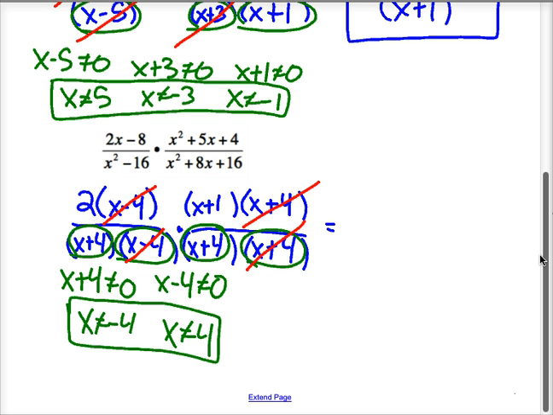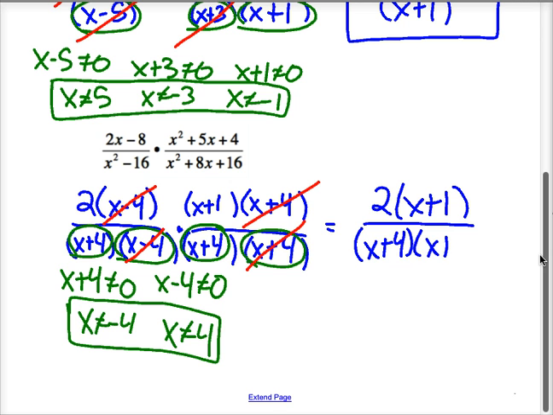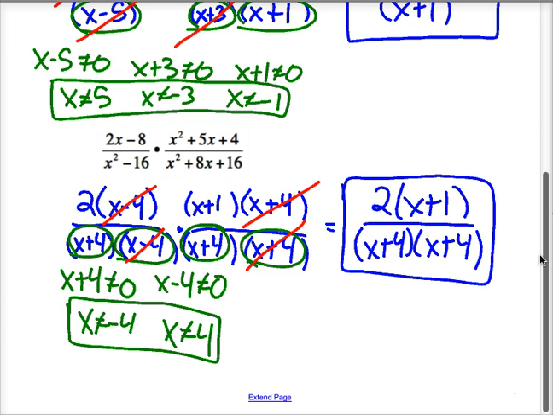So we have 2 and x plus 1 left on top. On the bottom, x plus 4, x plus 4, and that is going to be our reduced expression. You may leave it in factored form. I am fine with that.